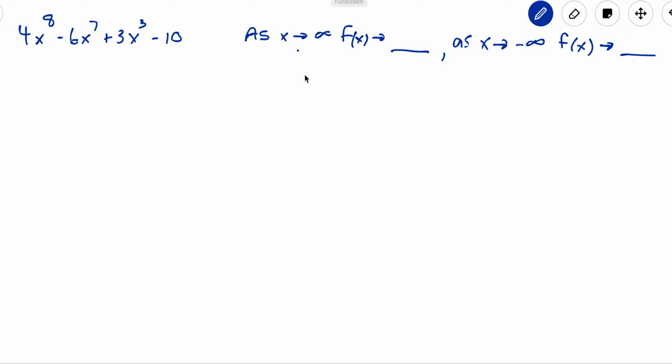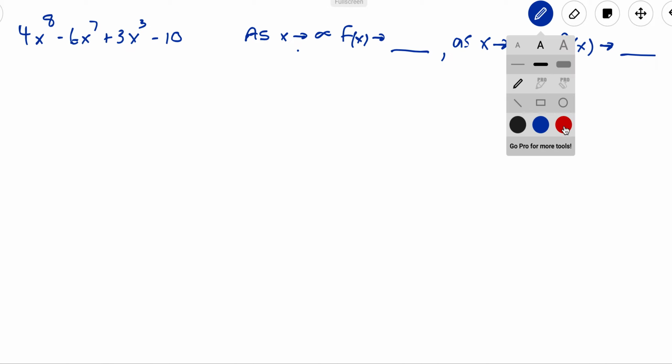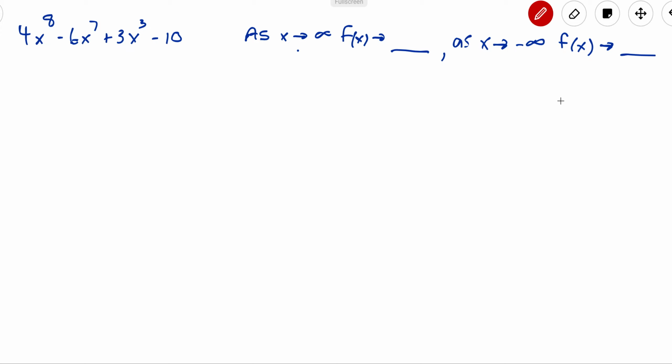Question about end behavior. So the example you sent was this polynomial function, and when we're interested in the end behavior, what we're talking about is the behavior of the graph at the ends, which means the right end of the graph and the left end of the graph.